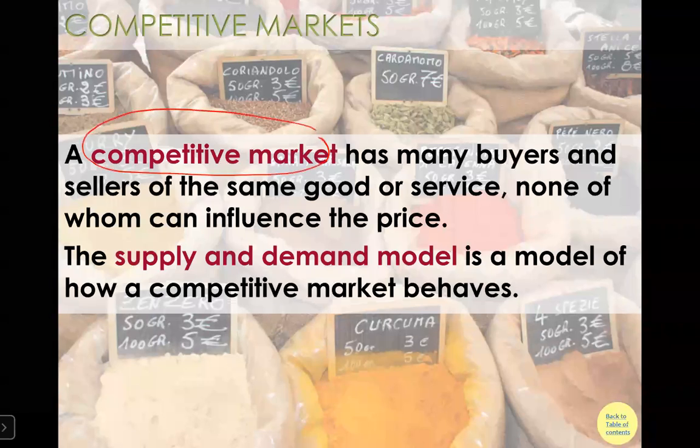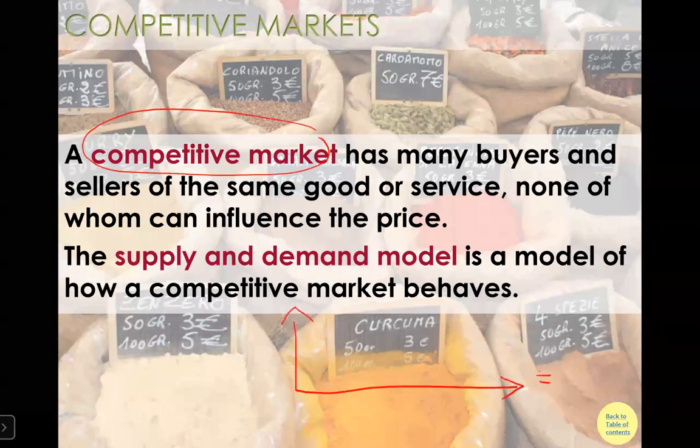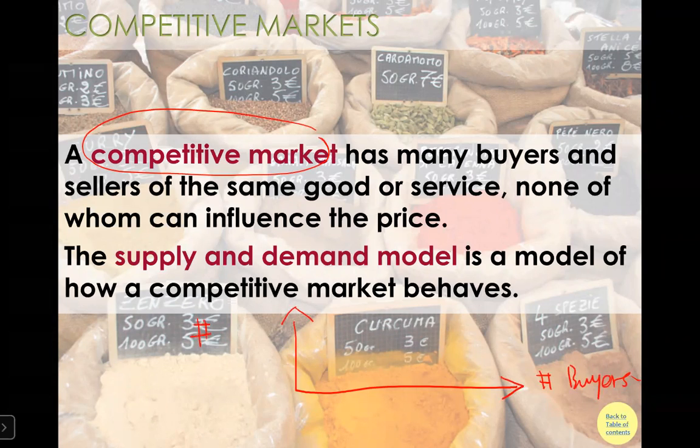If we draw a diagram, on the horizontal line, we have the number of buyers. On the vertical line, we have the number of sellers. Okay? And here, let's just start with 1. And here means you have 1 buyer and 1 seller.